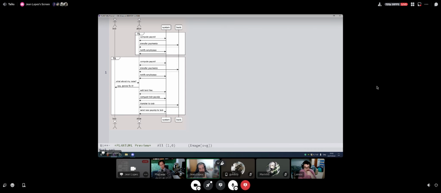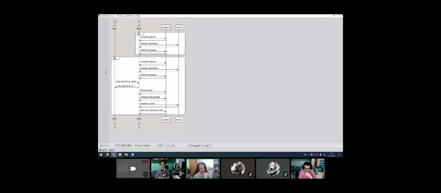Then he asked her, "What about my pay raise?" And she sees it's wrong. It's supposed to be with the raise. Then she edits Bob's file, computes the new payslip and transfers the rest of the value, because she did it with the old payment value.